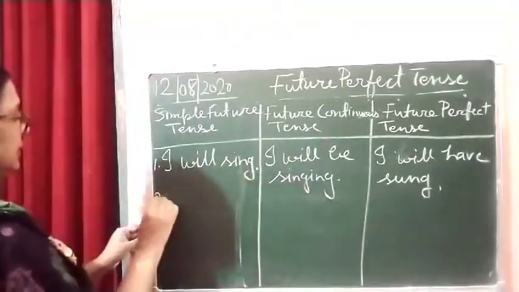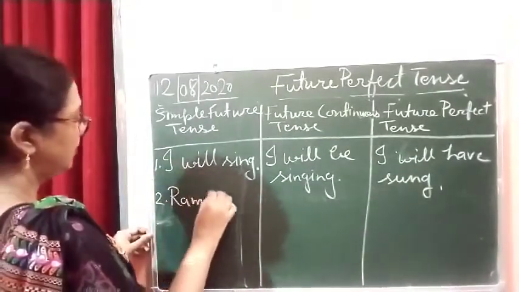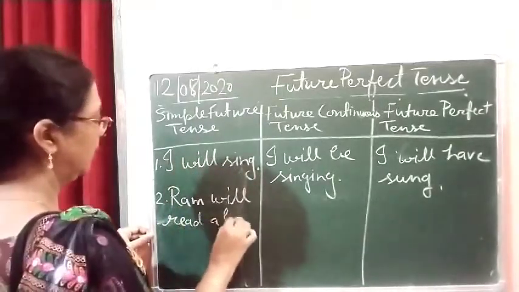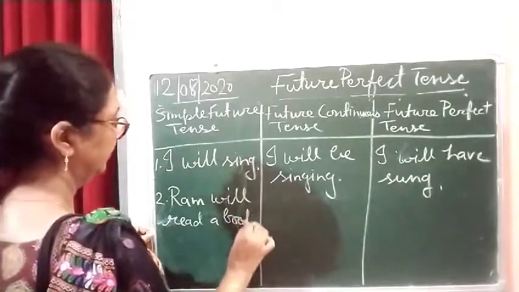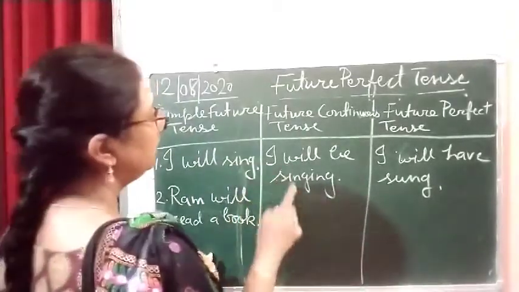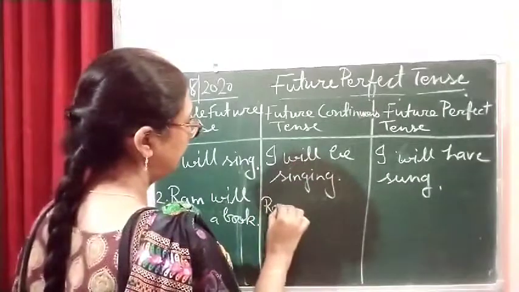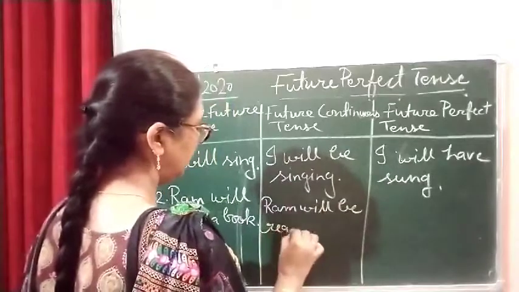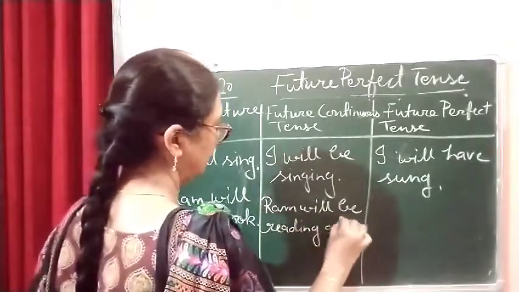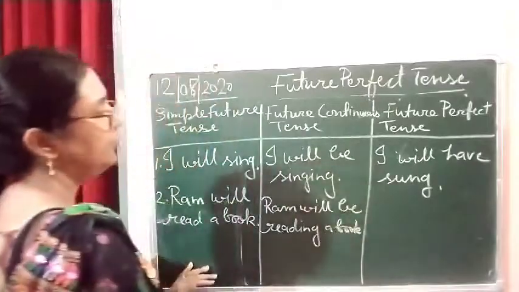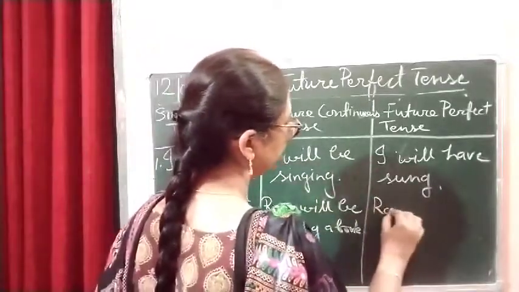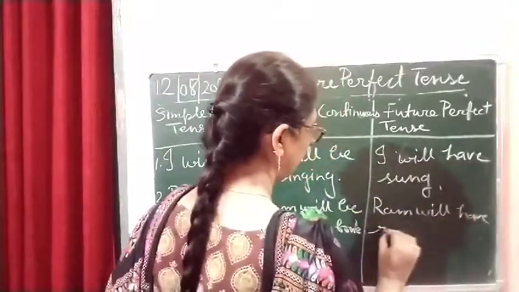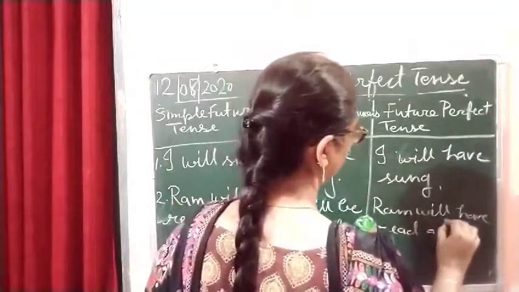In the second sentence, Ram will read a book. Now here in future continuous tense, Ram will be reading a book. In future perfect tense, Ram will have read a book.